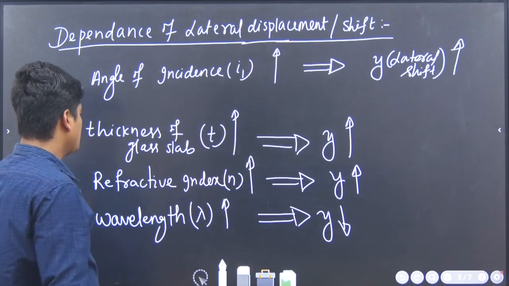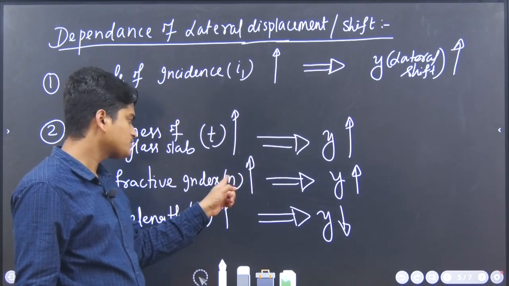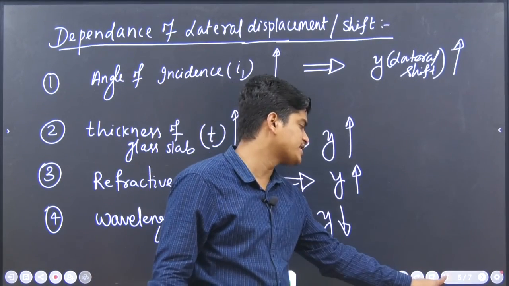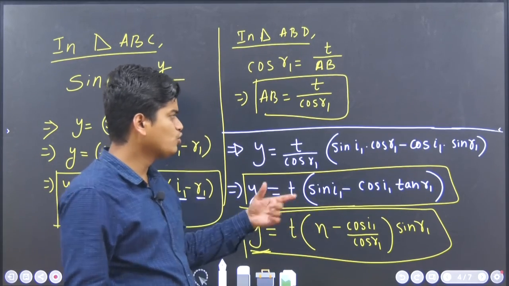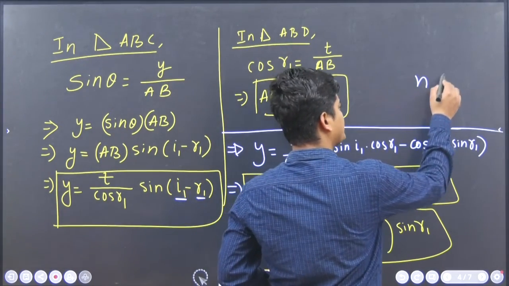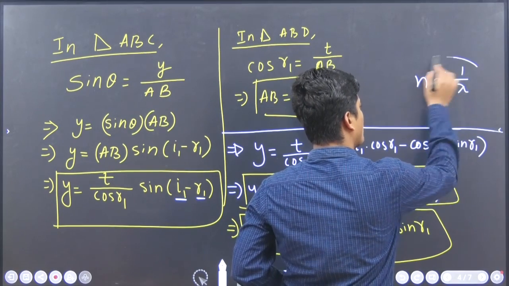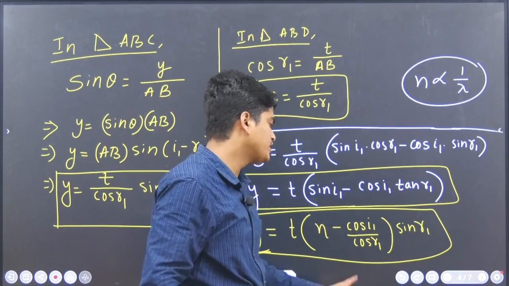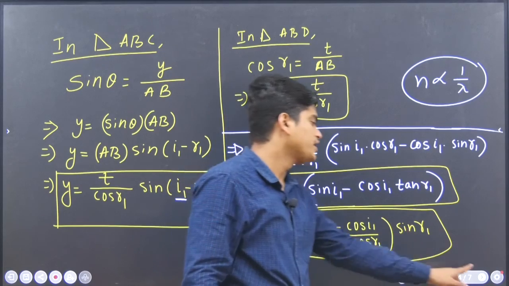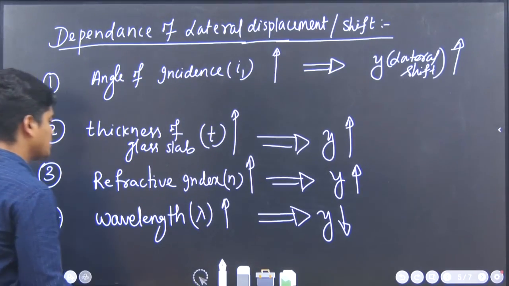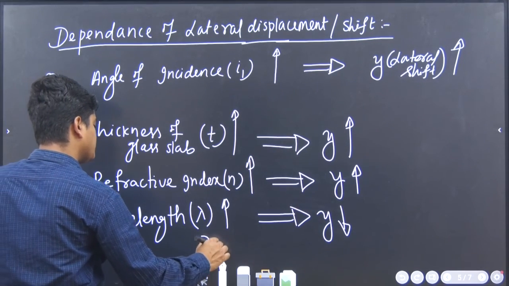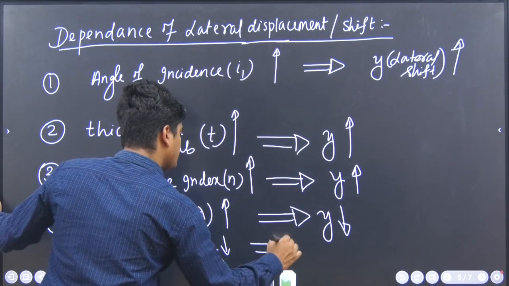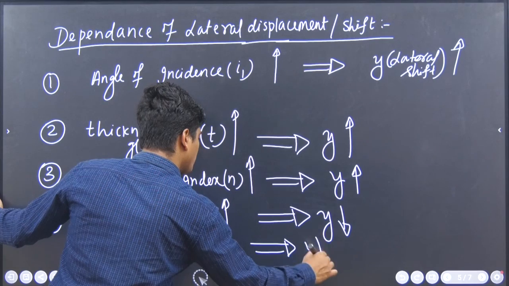Refractive index and lateral shift are directly proportional, but refractive index is inversely proportional to the wavelength of light. So lateral shift is also inversely proportional to wavelength. If wavelength is more, the lateral shift will be less, and if wavelength is less, the lateral shift will be more.